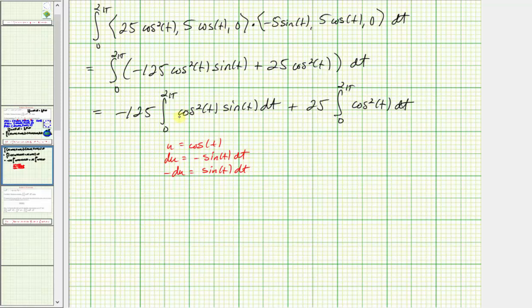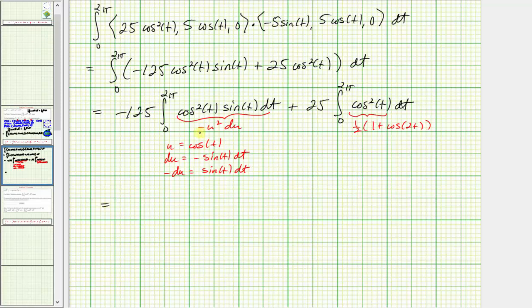Which means in terms of u, all of this would be negative u squared du. And for this integral, we'll use the identity cosine squared t equals 1/2 times the quantity 1 plus cosine 2t. So we can think of this as 1/2 times the quantity 1 plus cosine 2t.